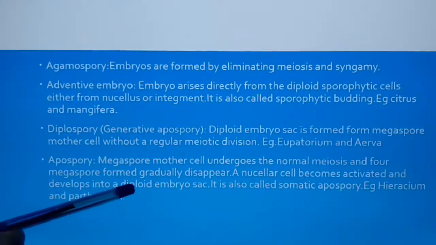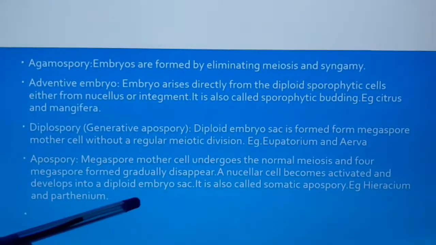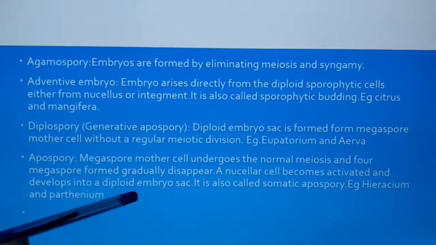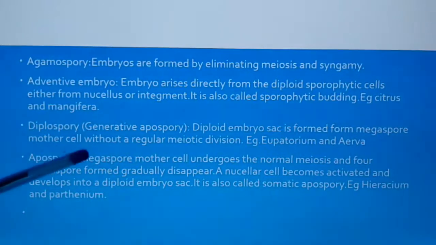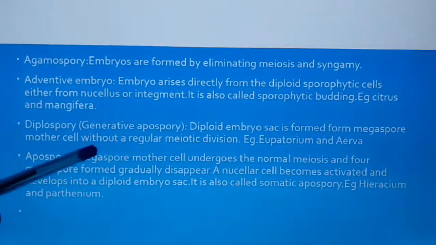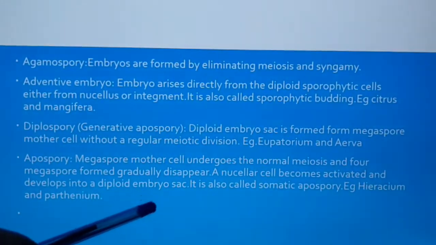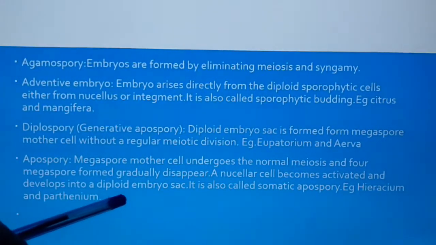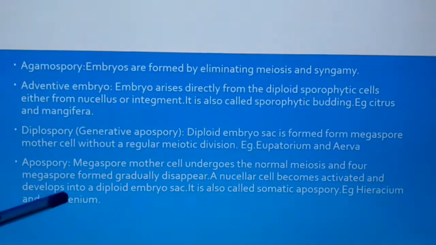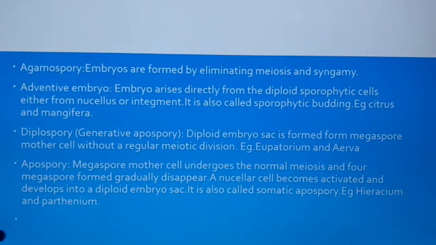So the nucellus, present at the center of the ovule, is involved in the formation of the diploid embryo sac. It is also called somatic apospory. Example: Hieracium and Parthenium.